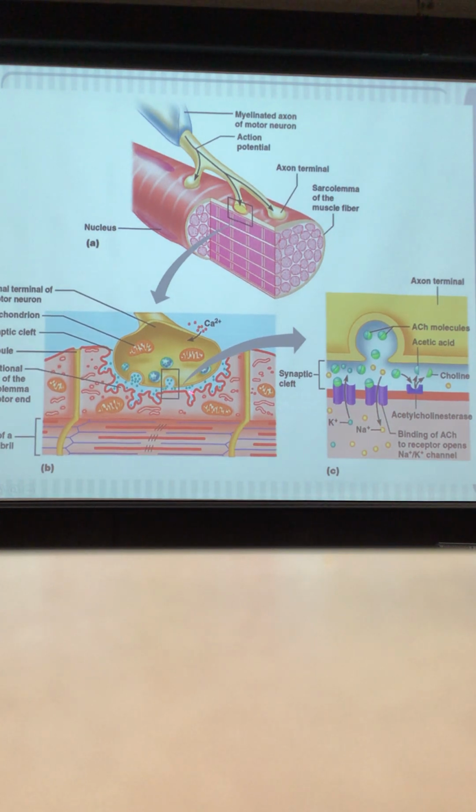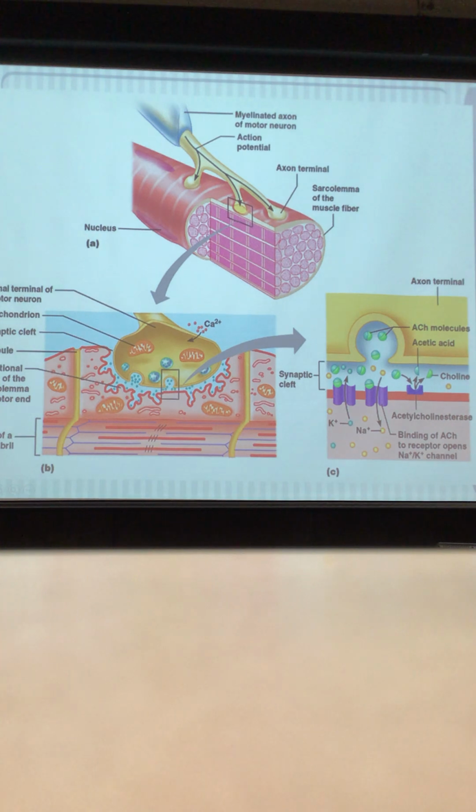Here is that magnified even more. Neurotransmitters can be reused. So it's broken down and reused. See, if calcium didn't come in, then acetylcholine would stay in this vesicle. So if there's no nerve impulse, those vesicles just store the acetylcholine.